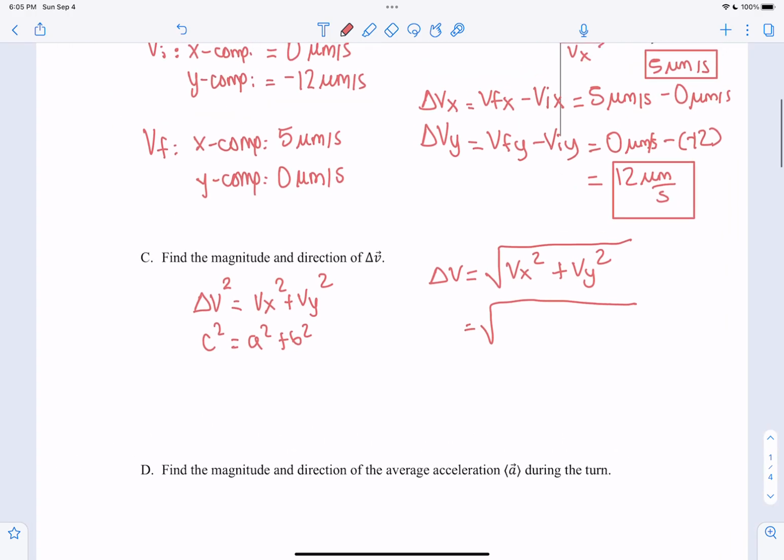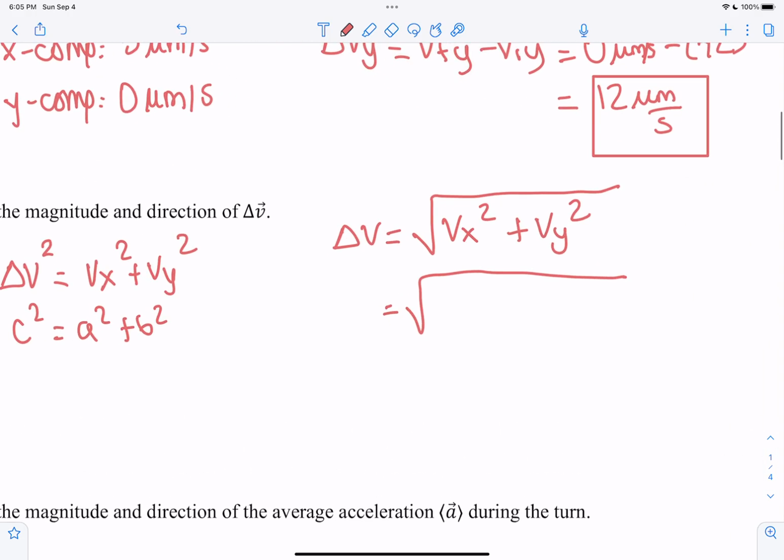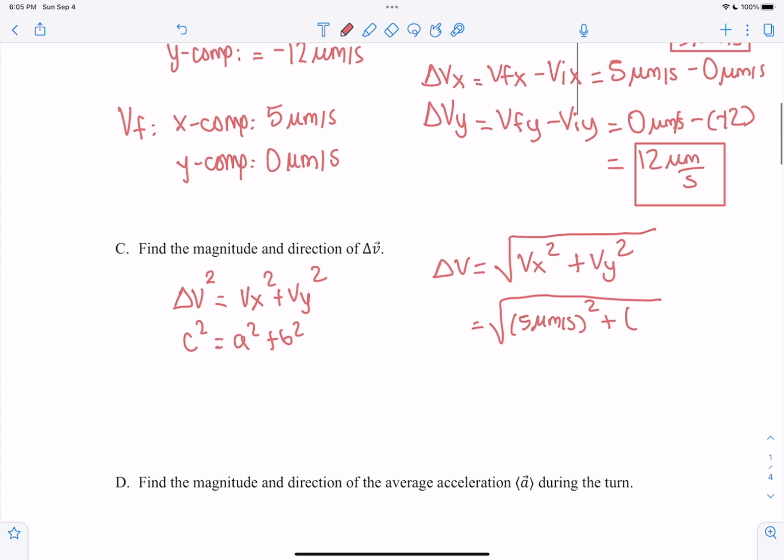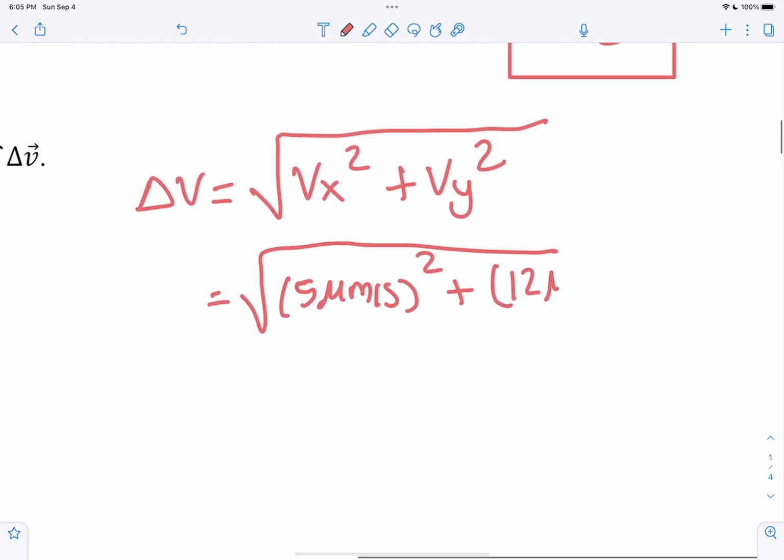So Vx was 5 micrometers per second, and we can square that, and Vy was 12 micrometers per second, so we can square that as well.